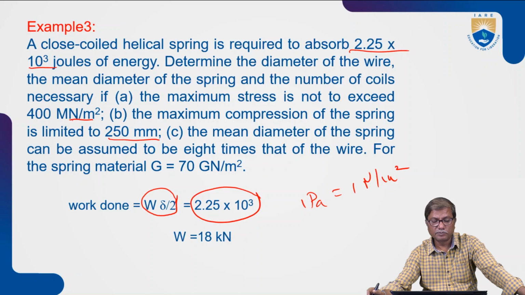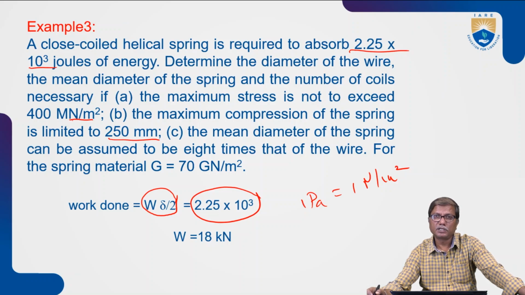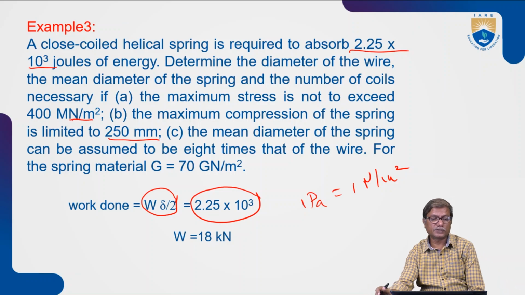So work done is given by the expression half W into delta, that is average load multiplied by delta. Assuming that the load is gradually applied, the work done is average load multiplied by delta. W by 2 is average load, multiplied by the displacement delta. And that is equal to energy stored or energy absorbed by the material, 2.25 into 10 cube joules, Newton meters.